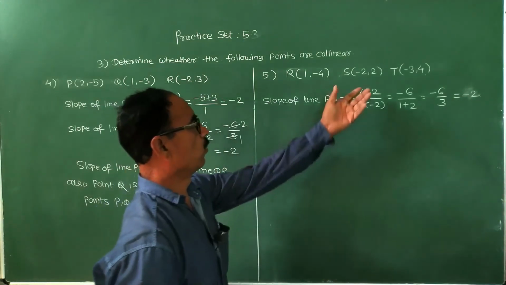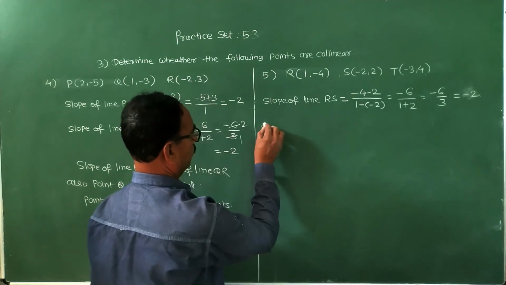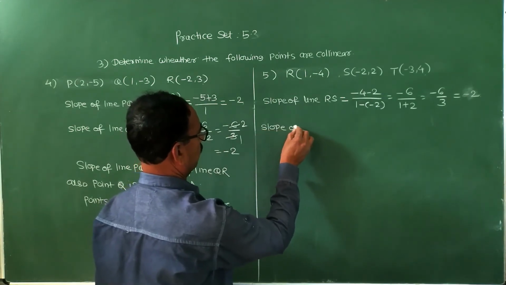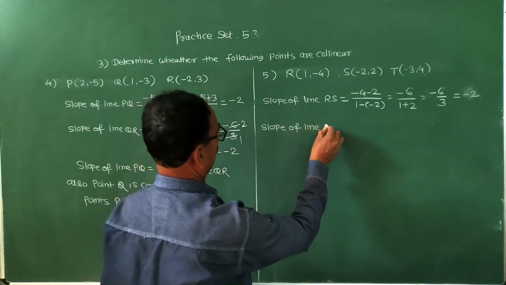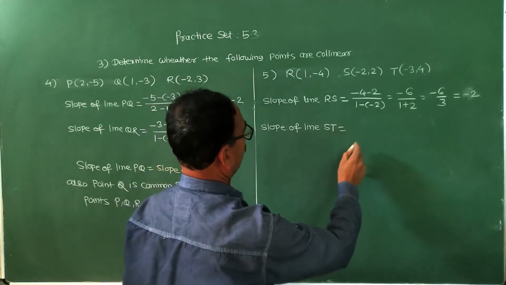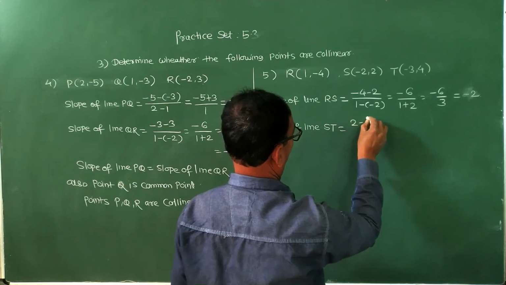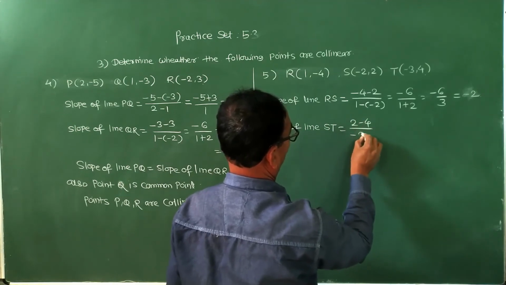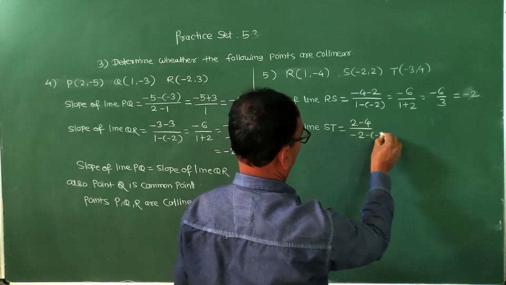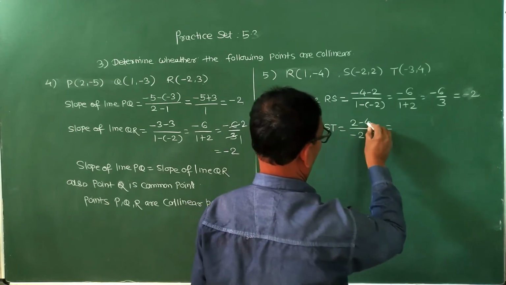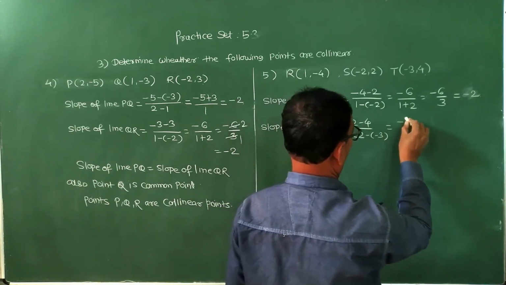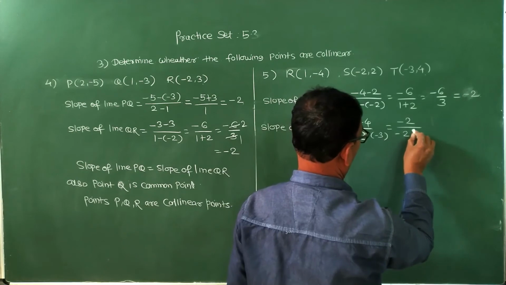Then find the slope of ST, which will be equal to minus 2 minus 4 upon minus 2 minus minus 3. This will be minus 4 plus 2 is minus 2 upon minus 2 plus 3.